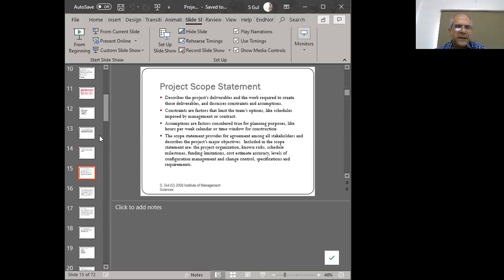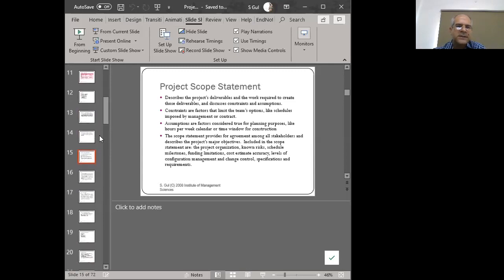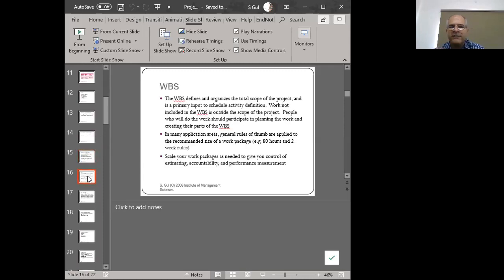Now, the scope statement is something that had already been developed in the project scope management. And the scope statement basically is talking about what the project is going to do, what is going to be included in the project, and what is going to be excluded in the project, right? So we have to reflect again and again against this scope statement whenever we're doing planning at any level, just to make sure that whatever things or activities that we're planning are contributing directly towards the scope of the project.